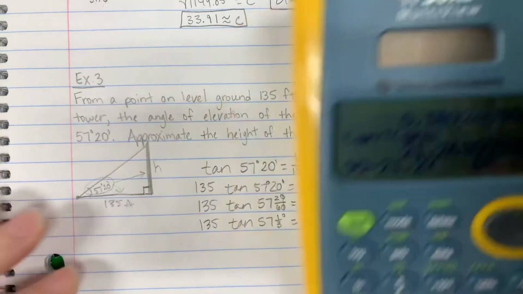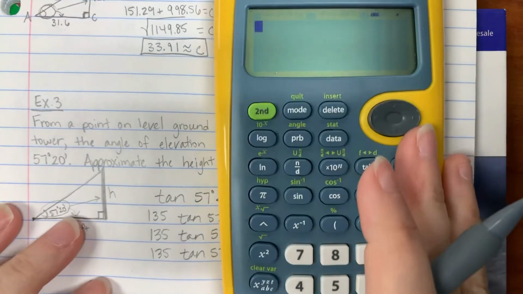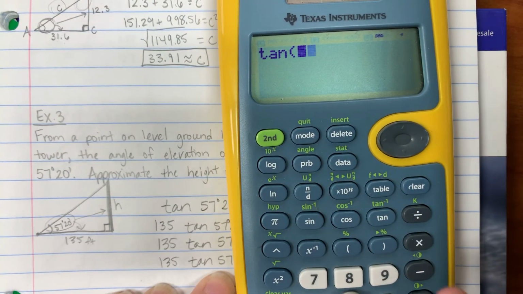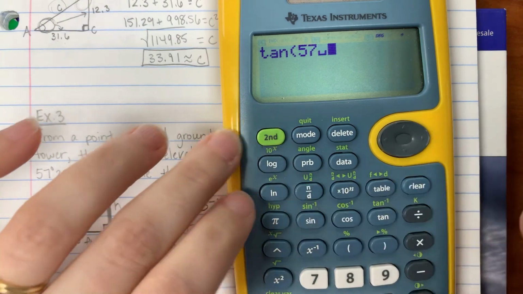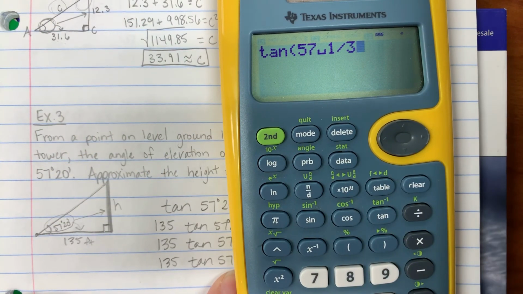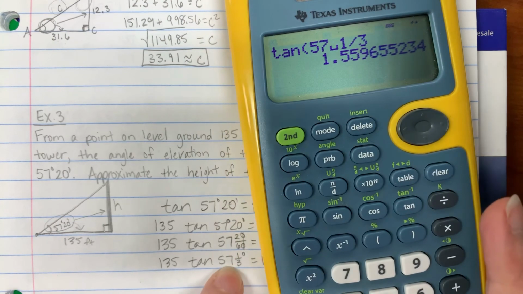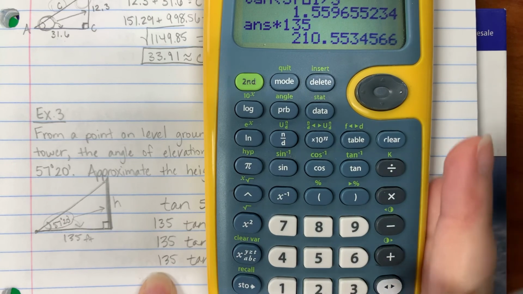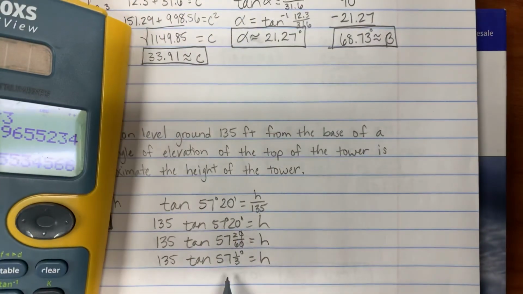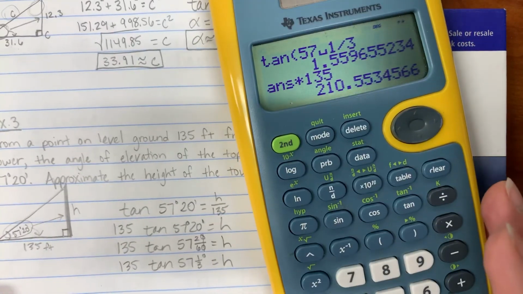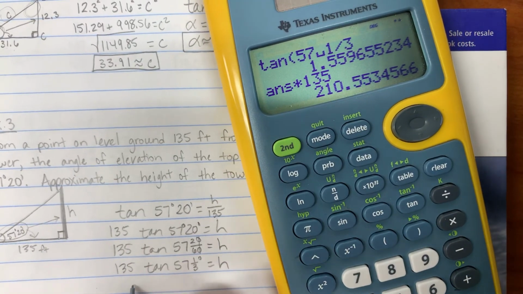So I'm going to take my calculator and type that in like a fraction. I'm going to do the tangent of 57 and 1/3. That's going to give me the tangent of the degree, and then I'm going to multiply that by 135 because it was 135 times that tangent. So that gave me 210.55.